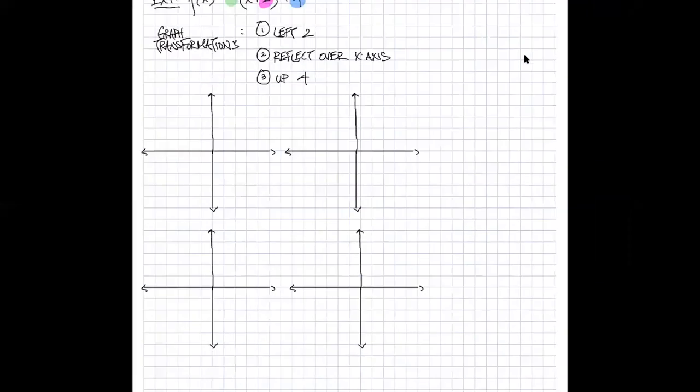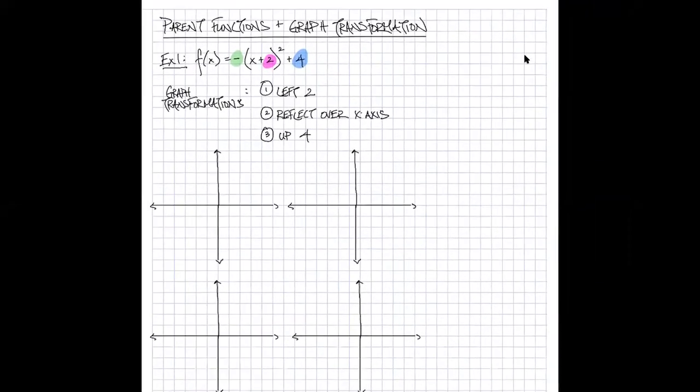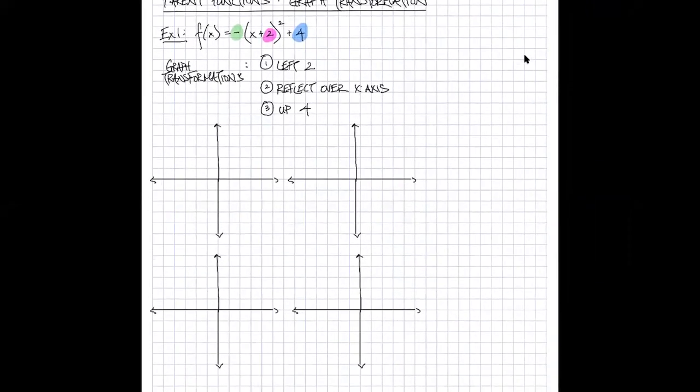Okay. So what we're going to do is this. We're going to go ahead and graph the parent function first, okay?